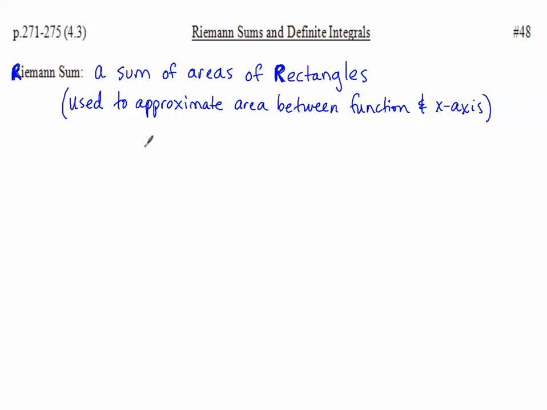And we use the symbols of summation, the sum from i equals 1 to n, the first to the nth rectangle, of the areas of the rectangles, which was the height times the width. We could say width times the height, height times the width. It works the same.